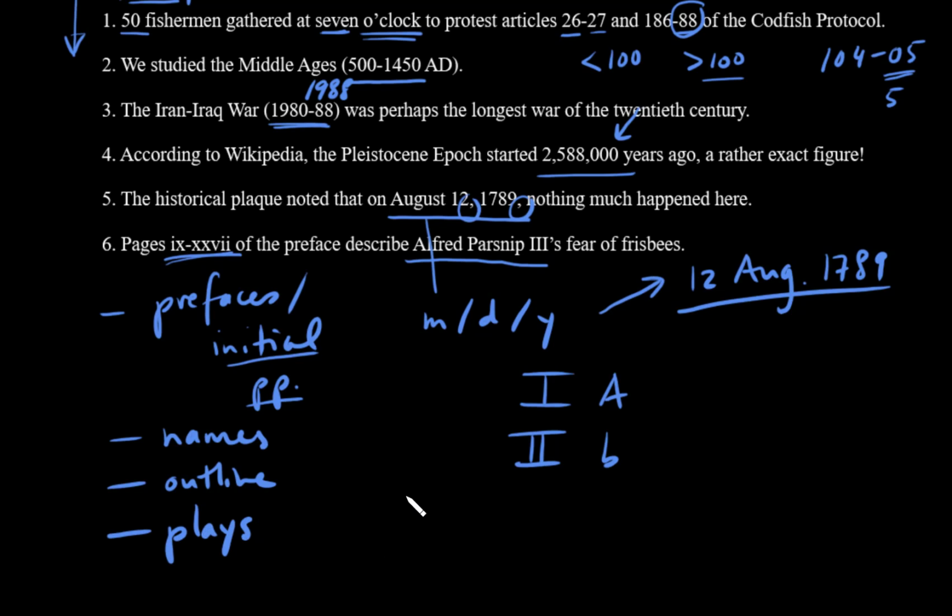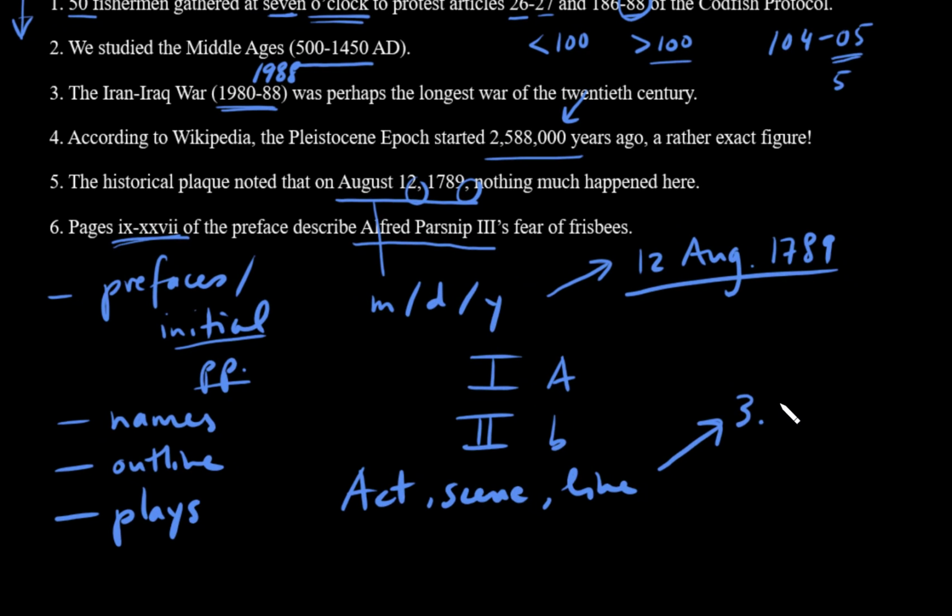So in the past, often people would give the act, scene, and line number, and they would do it with Roman numerals. But these days, it's usually just done with Arabic formatting. So you might say, for instance, Act 3, Scene 2, lines 4 through 12. And now it's normal just to do this, not with Roman numerals.